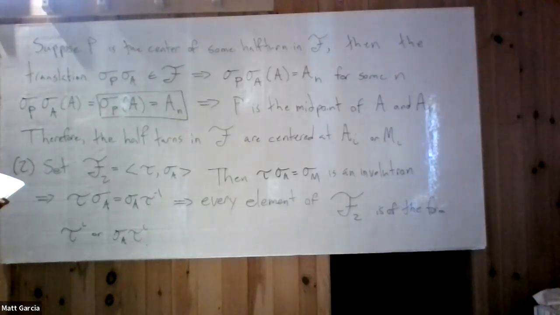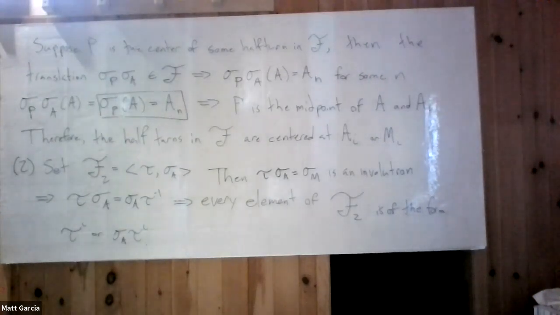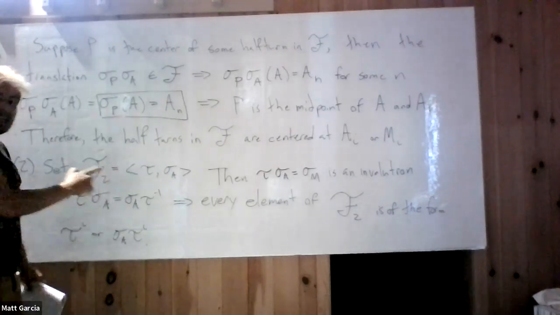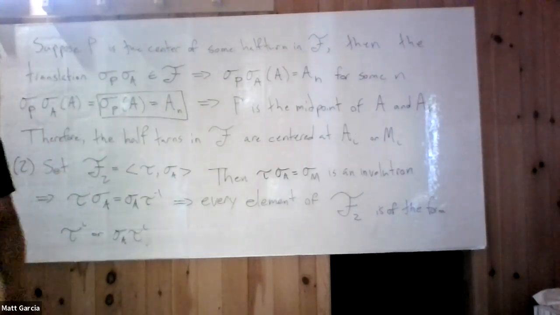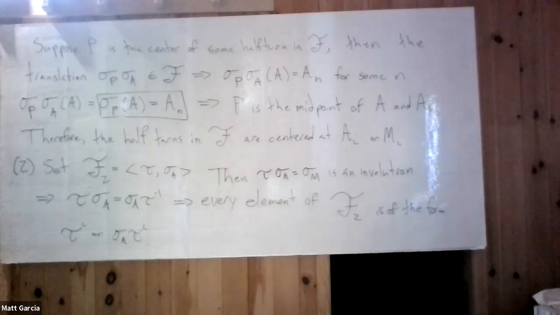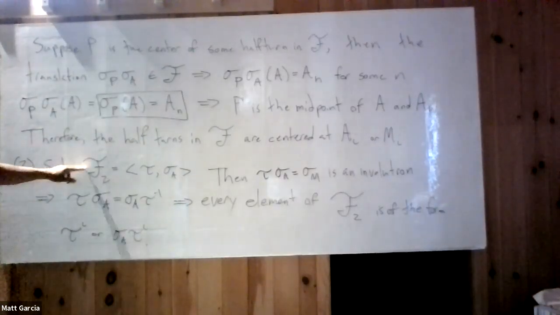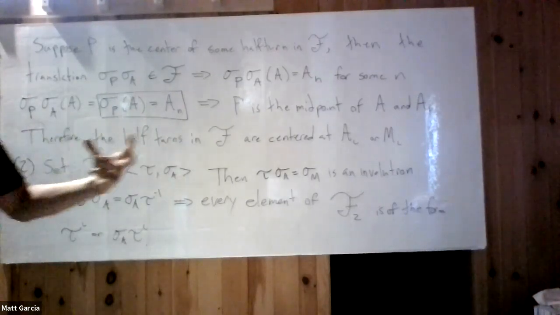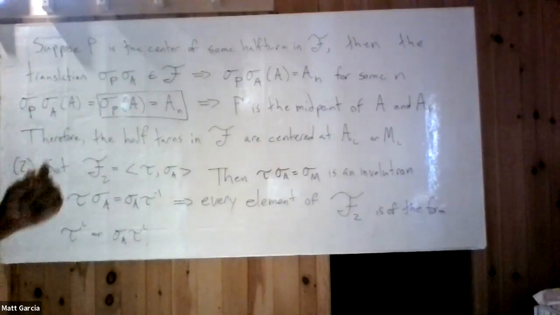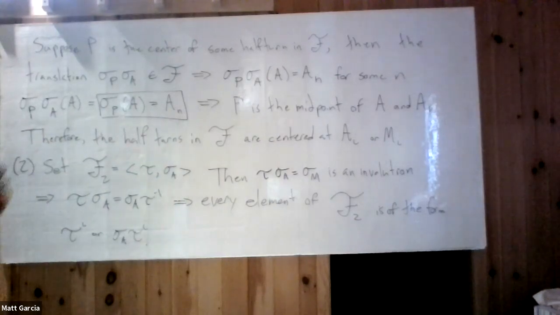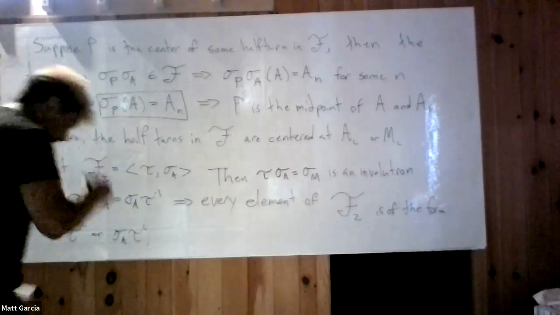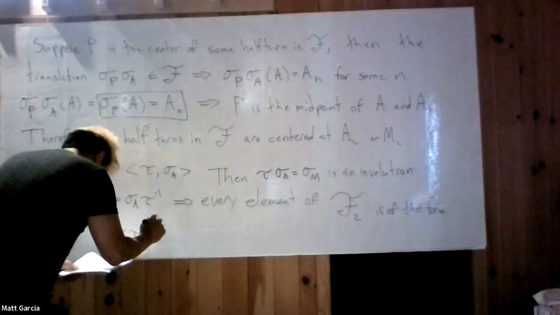Additionally, we can write this as a different set of generators. Remember, the generators of a group are not unique. This is worth saying because I can write this F2 in a form where it appears as though I'm omitting the translation, but bear with me.